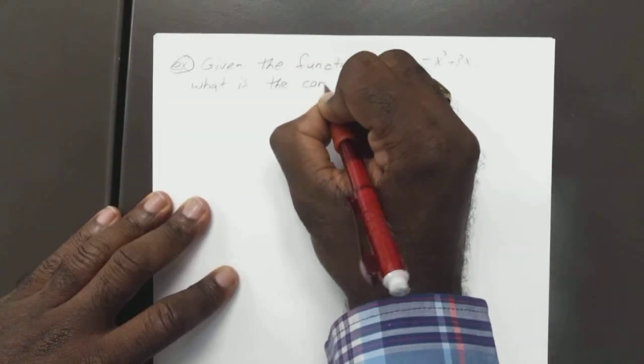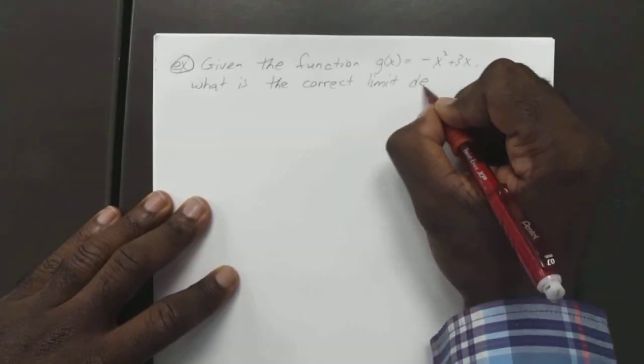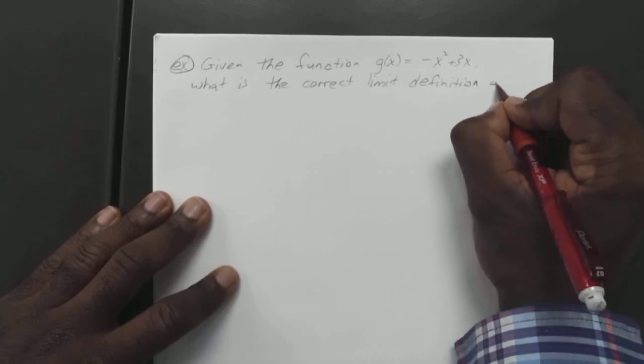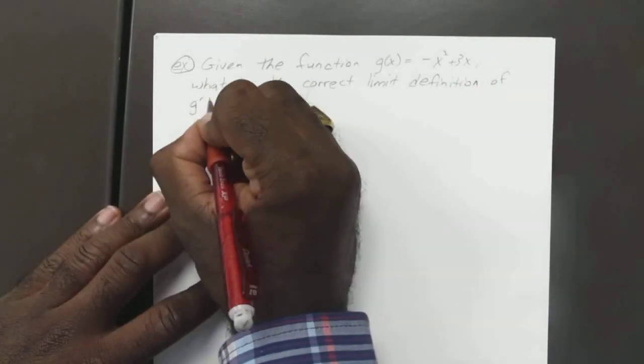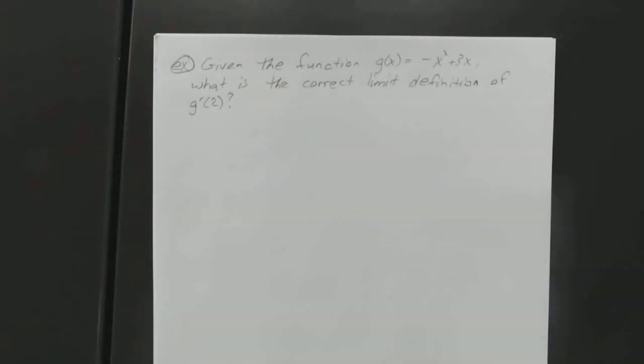What is the correct limit definition of g prime of 2? Right? So we start off pretty much the same way. The only thing is you have one small step afterwards once we're done.